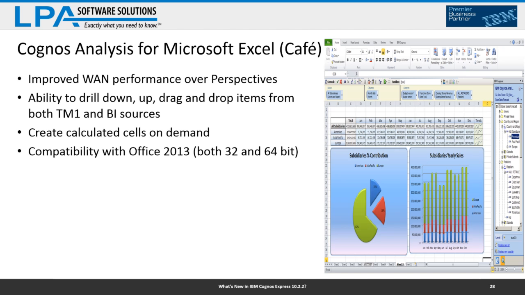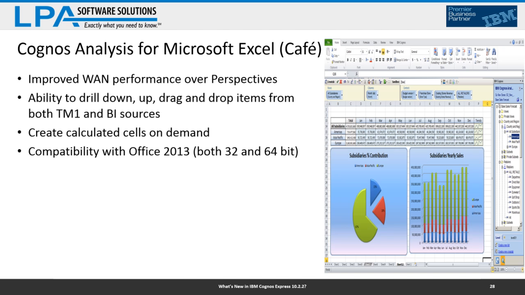One big, huge addition for this version is the addition of Cognos Analysis for Microsoft Excel, or CAFE, as it's known. This gives you huge performance over Perspectives and Architect over the WAN. The way it communicates with the server is a completely different technology.